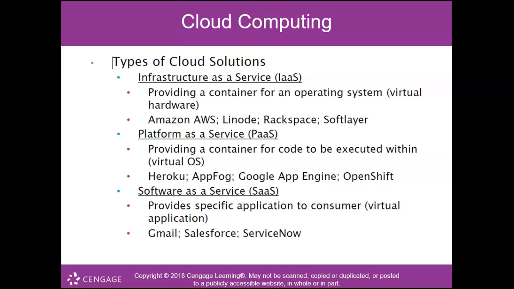Now, SaaS, or software as a service, enables productivity, right? I show some examples there: Gmail, Salesforce, ServiceNow, which is a ticketing tool, so it's for productivity. And then there's IaaS, or infrastructure as a service. This is going to be end-to-end everything: your network, your storage, your backup services, everything in the network.